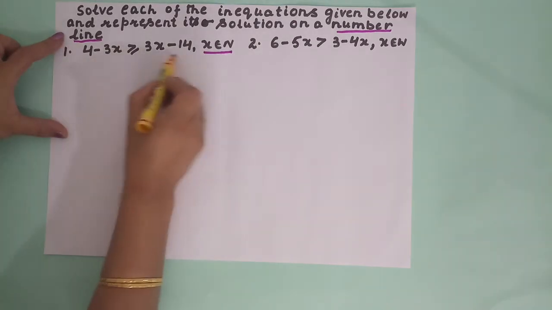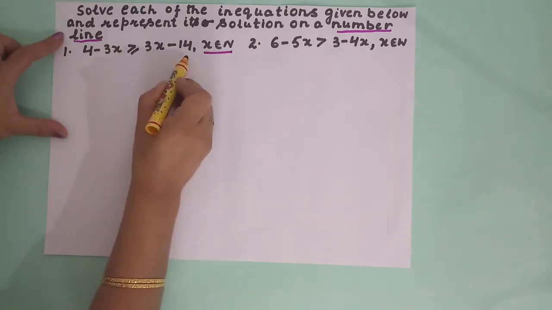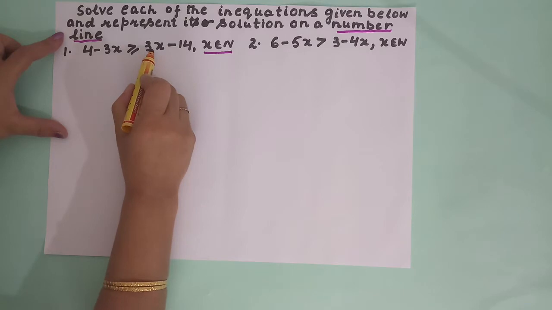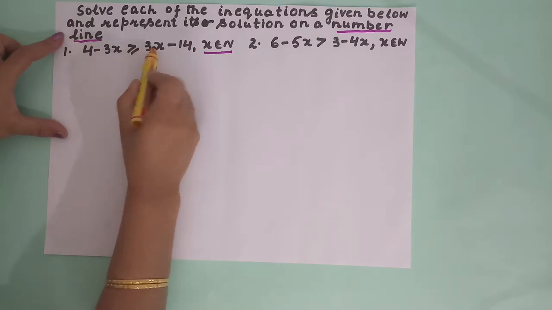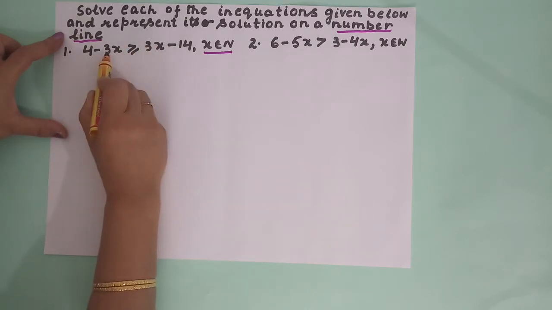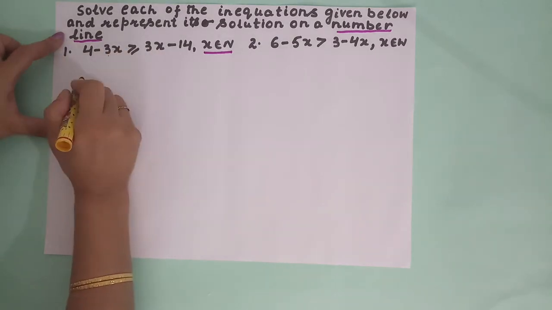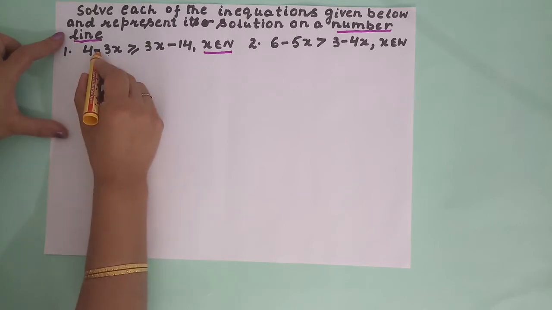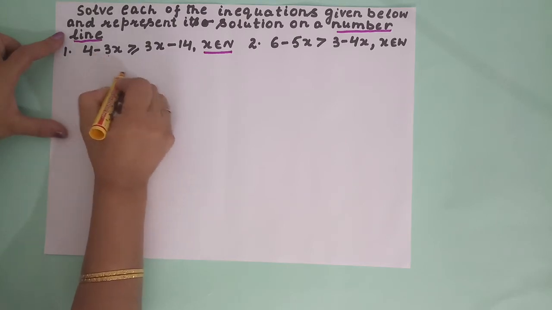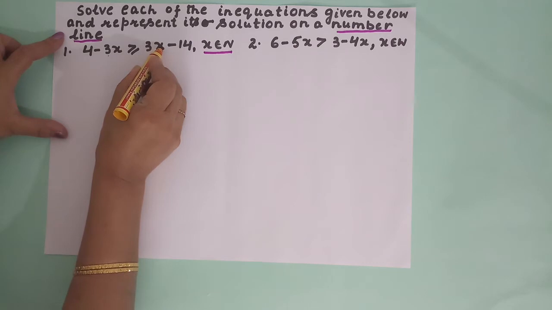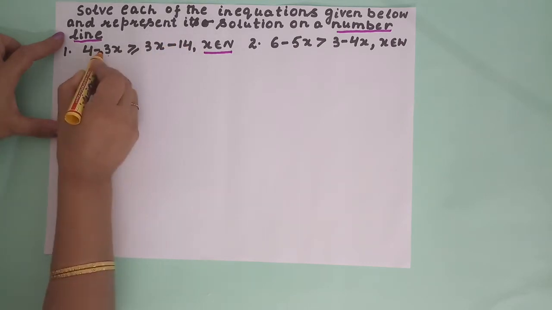Let's take this equation and solve it. Now here you see that the x term is on both sides of the inequation. So what we will do is shift the term with the negative sign to the positive side and bring this 14 to this side.